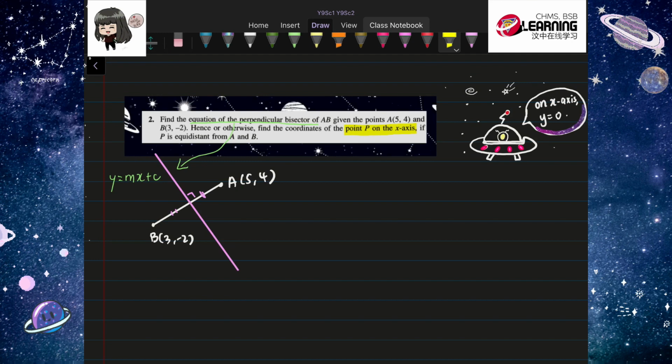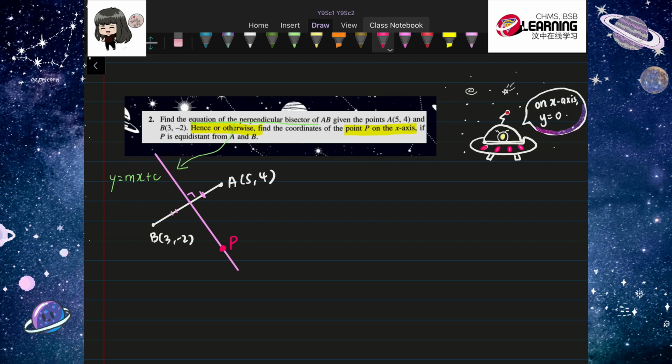This point P, because it says hence or otherwise, right? Meaning to say that this point P is on the x-axis and it's also on the line of the perpendicular bisector. So your point P is, just a draft only, just assume that it's here, P. What I mean by assume is any point on this line, not on this line AB.